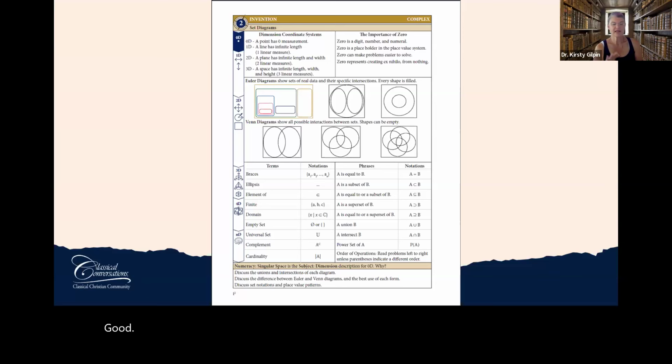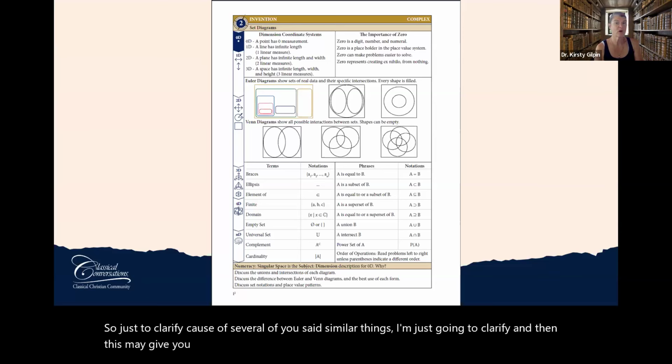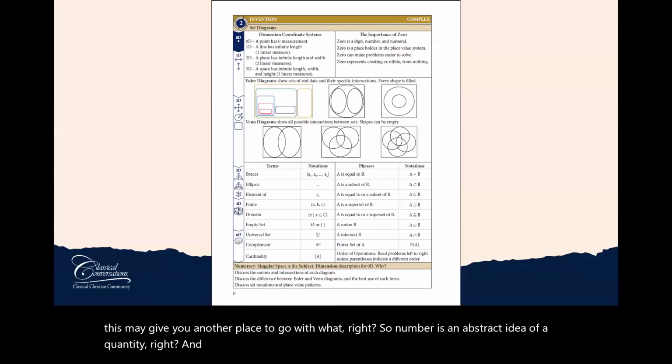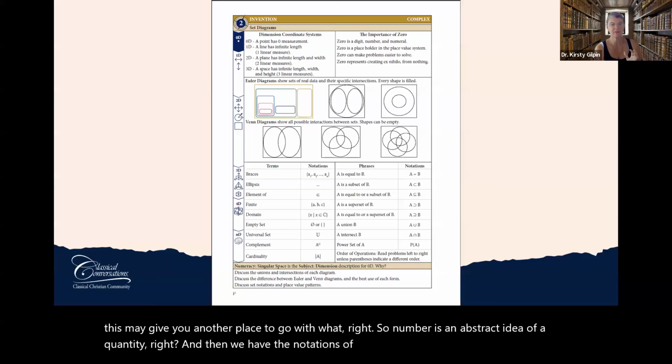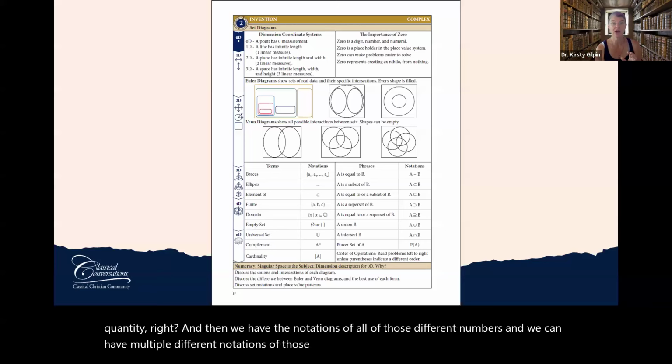Just to clarify, because several of you said similar things, and this may give you another place to go with what you know: number is an abstract idea of a quantity, right? And then we have the notations of all of those different numbers, and we can have multiple different notations of those numbers, and those are concrete.